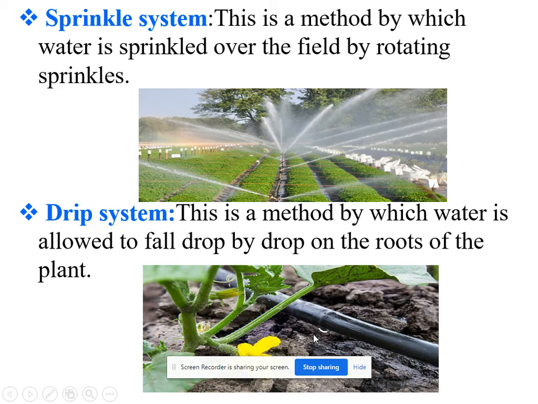This is a very useful method of supplying water, so that the water is equally and continuously distributed to the field, and in these two methods there is no wastage of water. This is one important thing in the sprinkler system and drip system: the water is continuously supplied to the field.